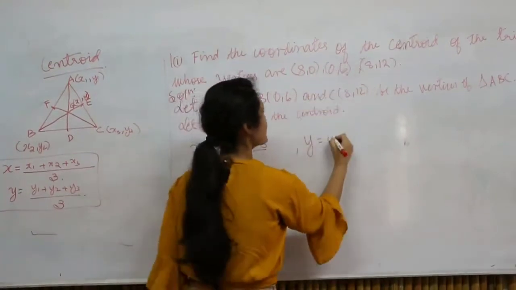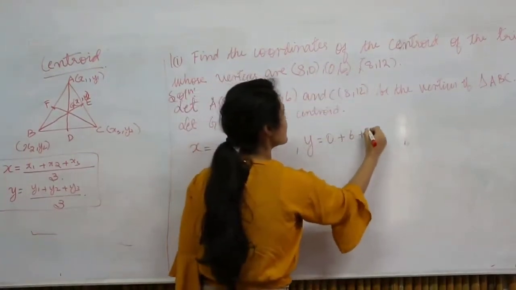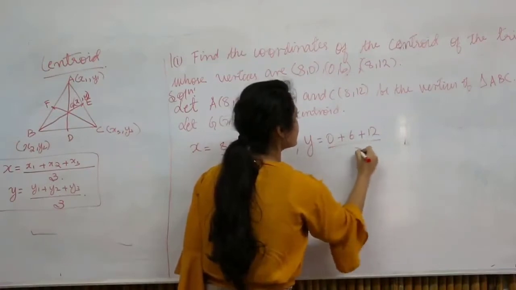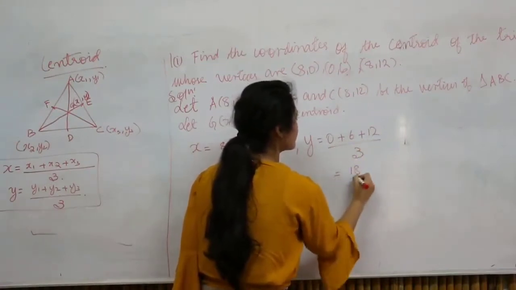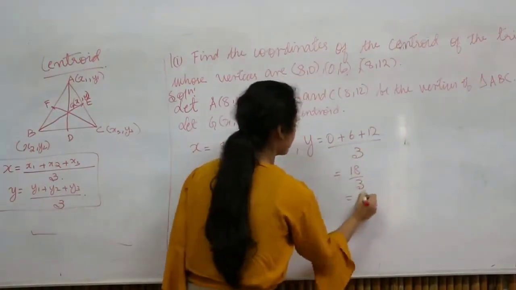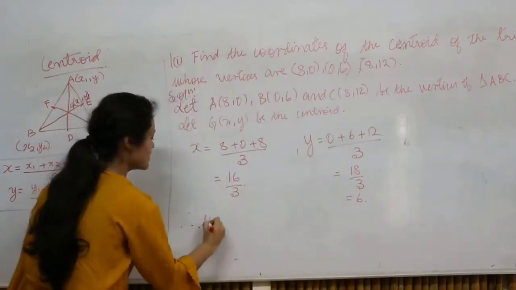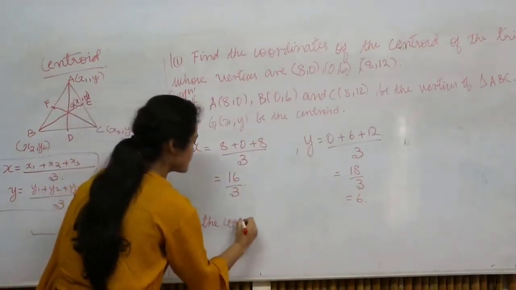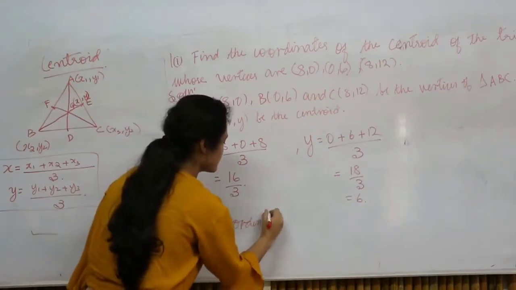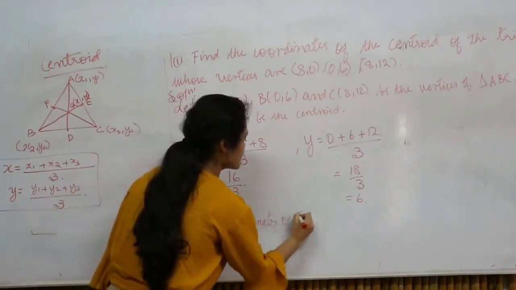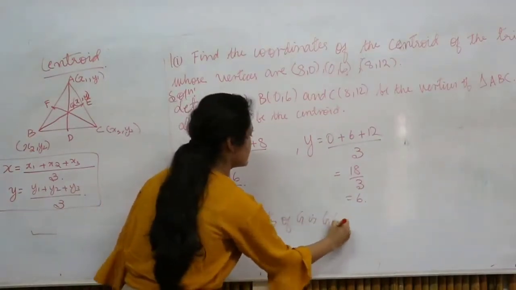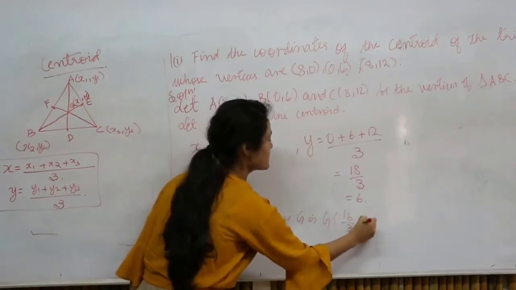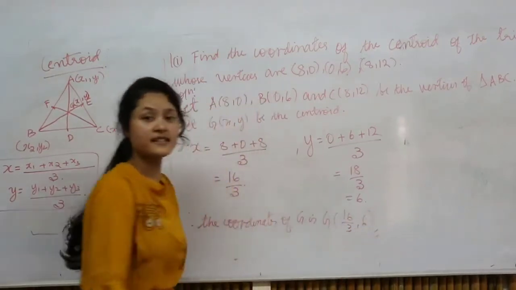That means 0 plus 6 plus 12 divided by 3, which is 18 by 3, which is 6. So therefore, the coordinates of G is (16/3, 6). So this is the answer.